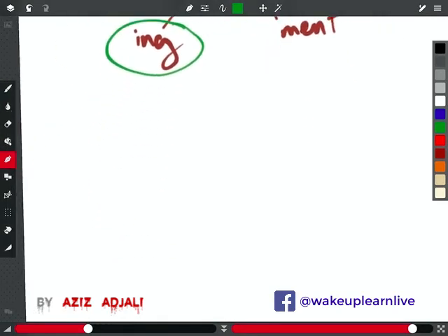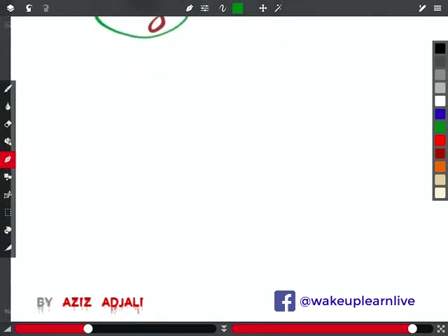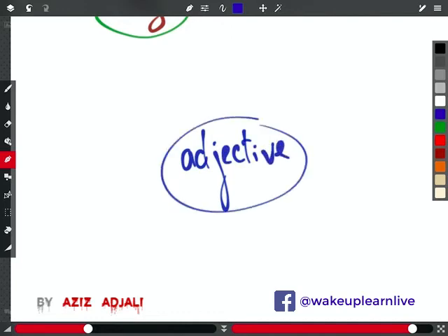Okay, next we want to see how to formulate the adjectives. What do we add to formulate the adjective? Okay, so for the adjective, suffixes always. We add ful, like hopeful, useful, careful, thoughtful, lawful, harmful, powerful, painful, all these, they end with ful.